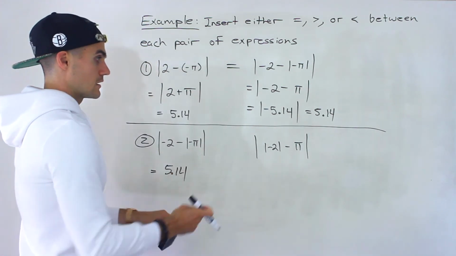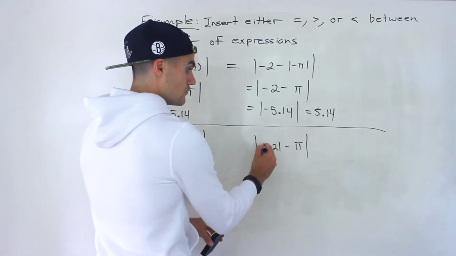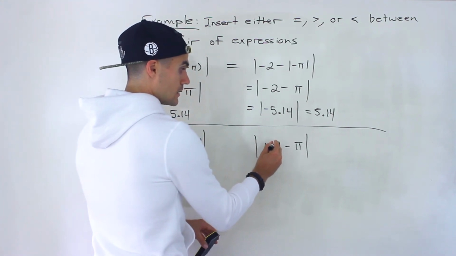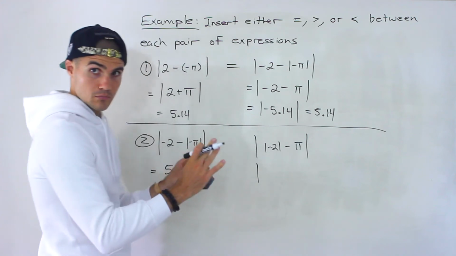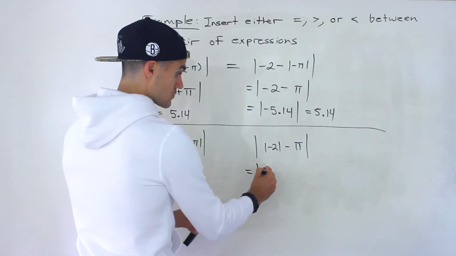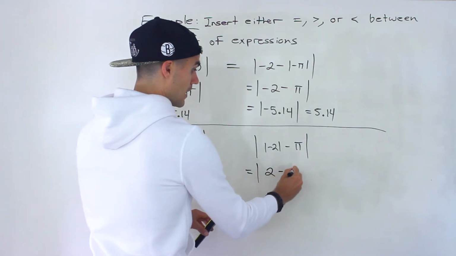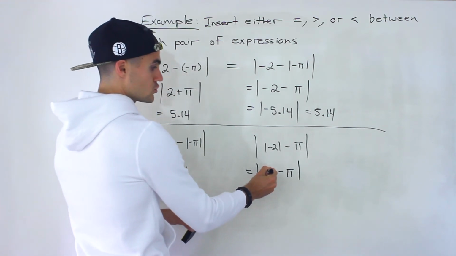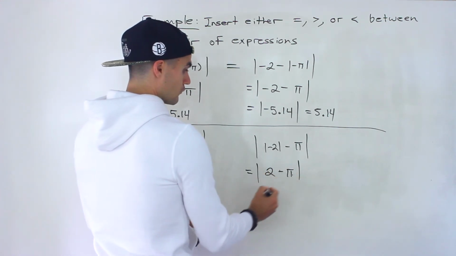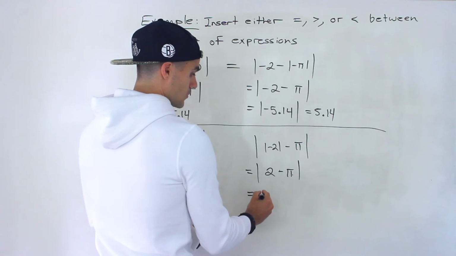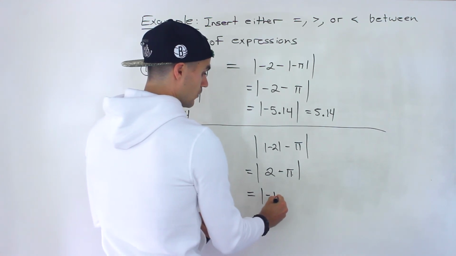Now, what's this going to be? We have the absolute value of negative 2. We deal with the innermost absolute values first, so this would be positive 2 minus pi. So this is going to be like 2 minus 3.14, which would give us negative 1.14.